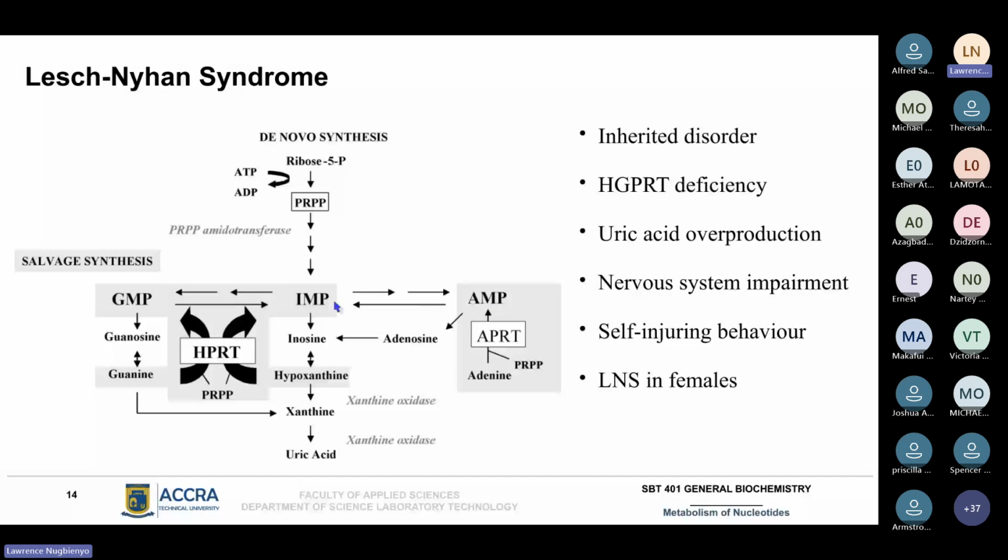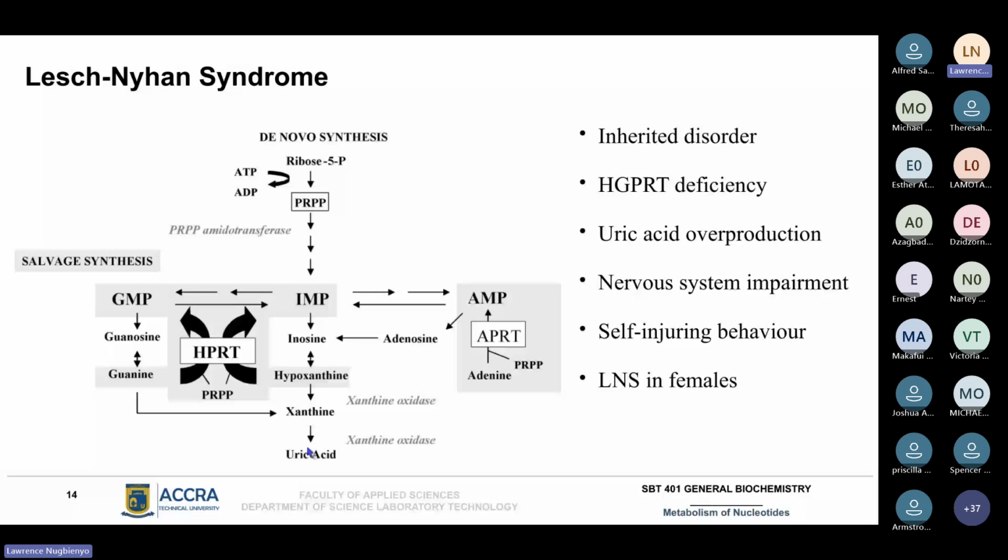And we have also seen the degradation of these nucleotides that were formed to guanosine and then guanine, and that guanine can break down further to xanthine, and then from xanthine the uric acid is formed.